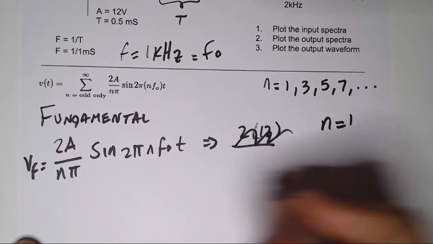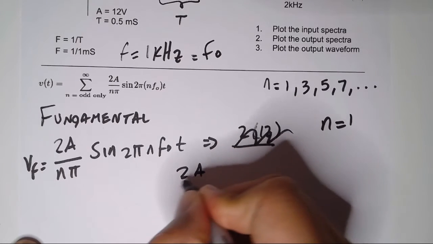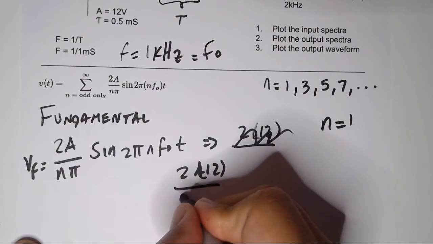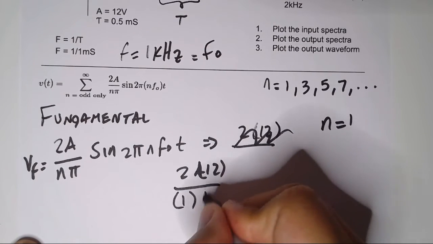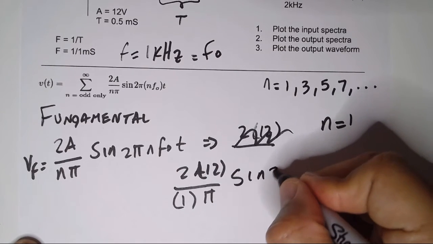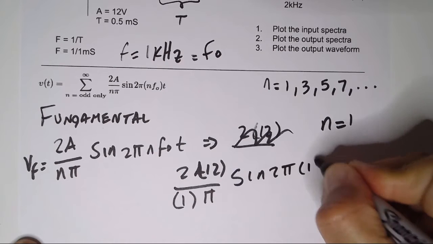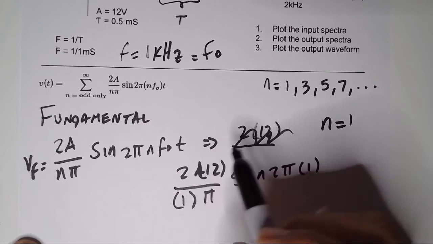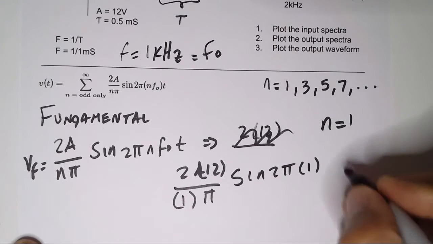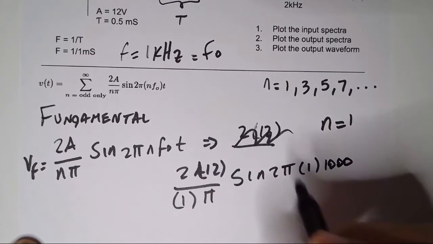I have to write this somewhere else, over here. So we have 2 times the amplitude, which is 12, over n, which is 1, times pi, times sine of 2 pi n, which is 1, times the fundamental frequency, which is 1 kilohertz, 1000, times t.